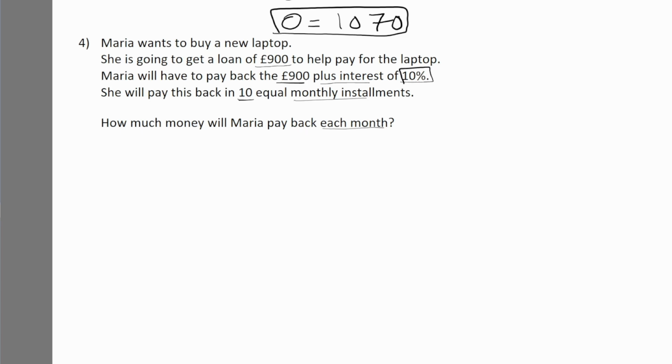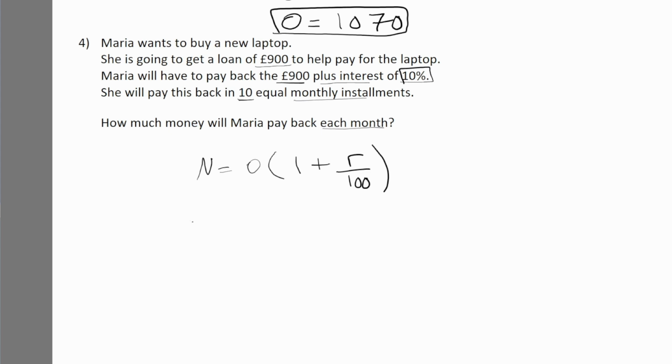Okay. So again, we know that she's going to pay it in 10 equal monthly installments. So we first need to find out the amount of money that she has to pay back. Well, we have an interest of 10%, so we can easily find the amount with the percentage increase rule. So new is equal to old times 1 plus r over 100.